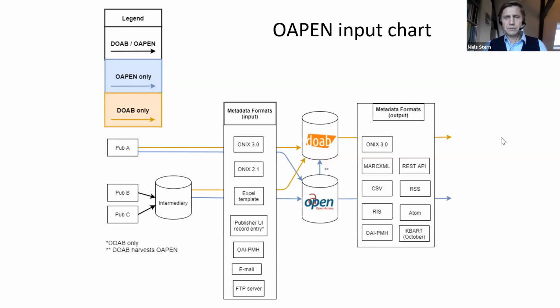Some publishers send us Excel templates, upload via FTP service, even emails. So some of what we get in, we can automatically integrate, and some we have to do a little bit of hand work with. So entering that information into the databases, we then get these output formats that I just showed.